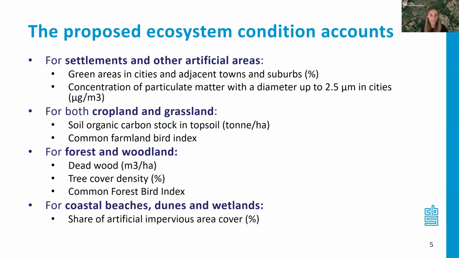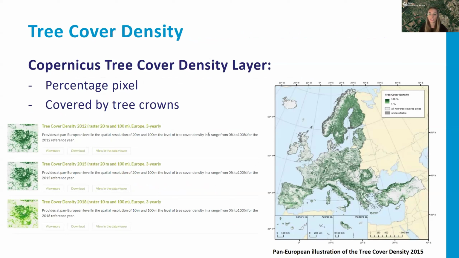So what we could actually see here that was interesting is, of course, that there is this indicator called tree cover density. So therefore, we decided to have a look at the Copernicus tree cover density high resolution layer. So what does this layer show? Well, it shows the percentage of pixels covered by tree crowns.